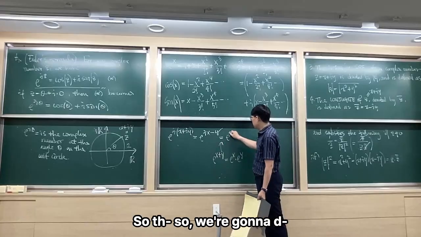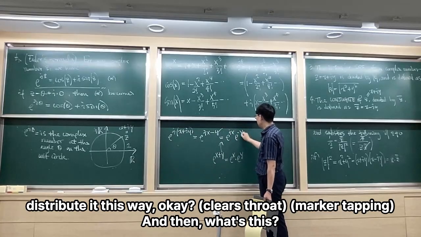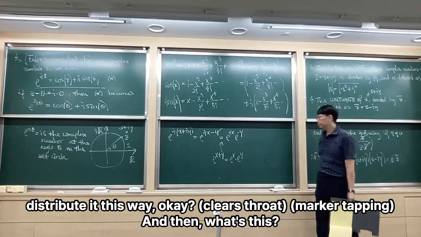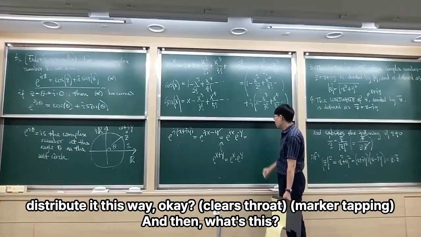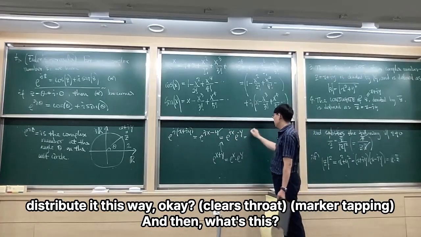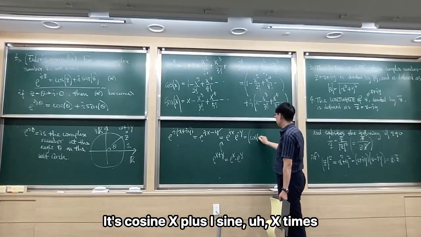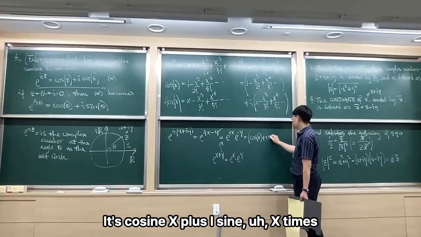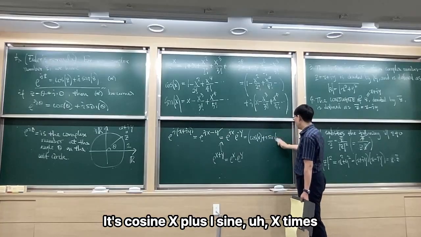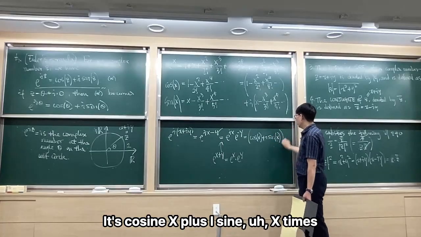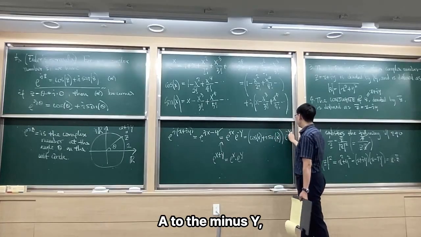So we're going to distribute it this way. Okay. And then what's this? It's cosine x plus i sine x, times e to the minus y.